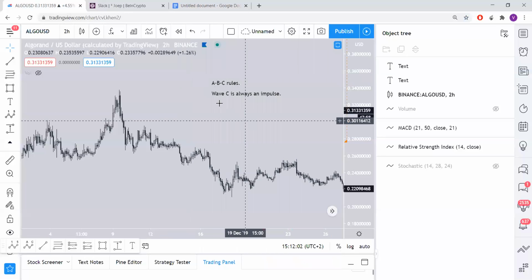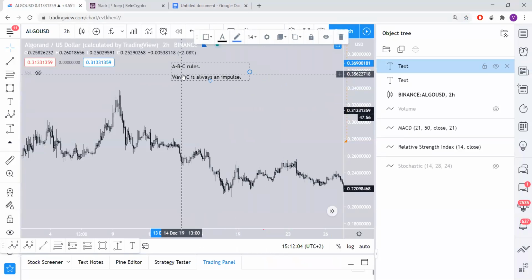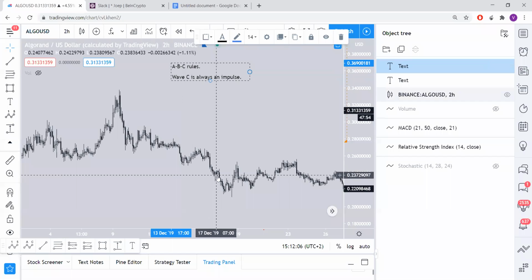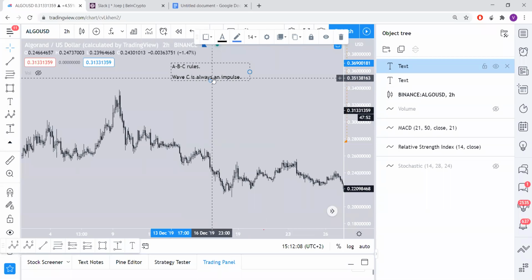So wave C is probably the most important one, because not that it's easier to detect, but it's always an impulse.